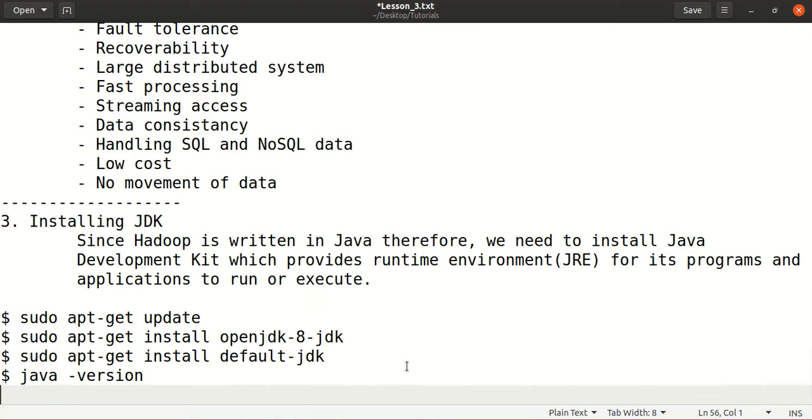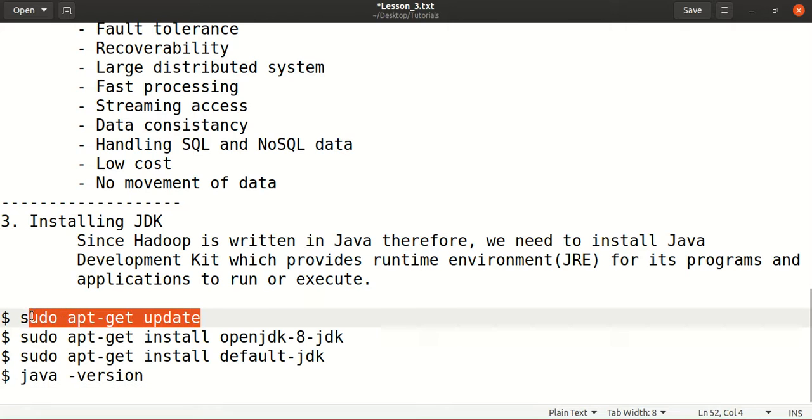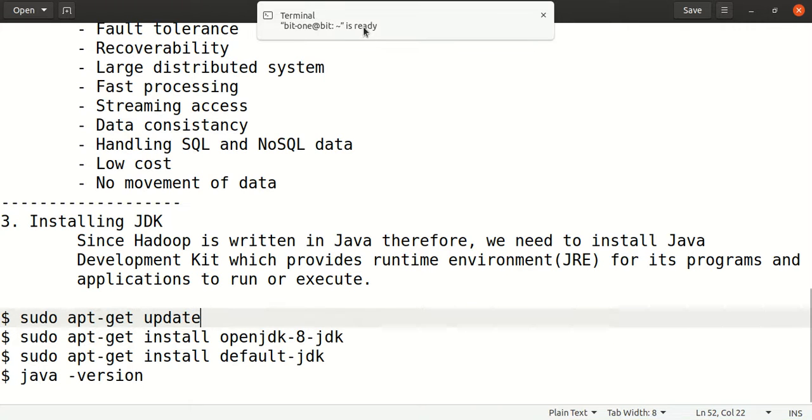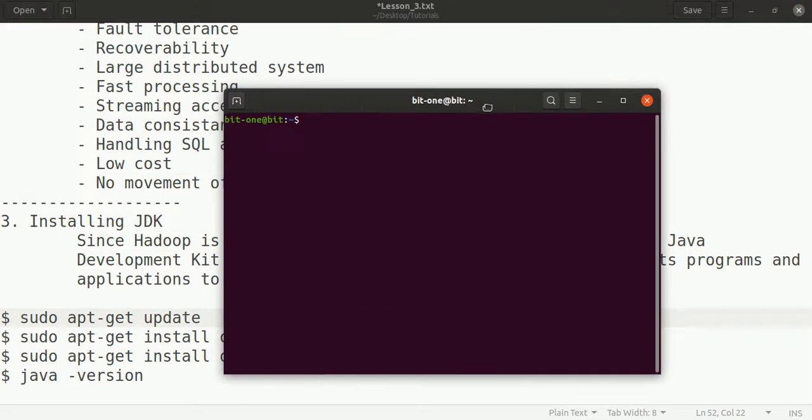Now let's see how to install that. For installing the JDK, first we have to see whether the services are already updated or not. You have to run this one, sudo apt-get update. For doing this, let me open the terminal, and for opening the terminal I am pressing Control plus Alt plus T. So here we have the terminal, and I have to check whether the services are updated or not.